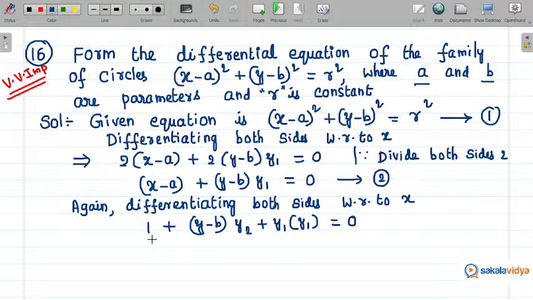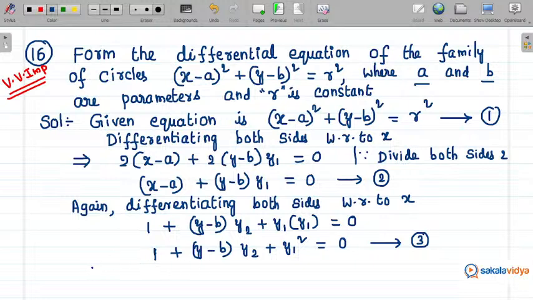Then what do we get here now? Actually 1 plus y minus b times y2 plus y1 into y1, which is y1 square, equals 0. So let us transpose 1 plus y1 square to the right hand side. Say equation 3.